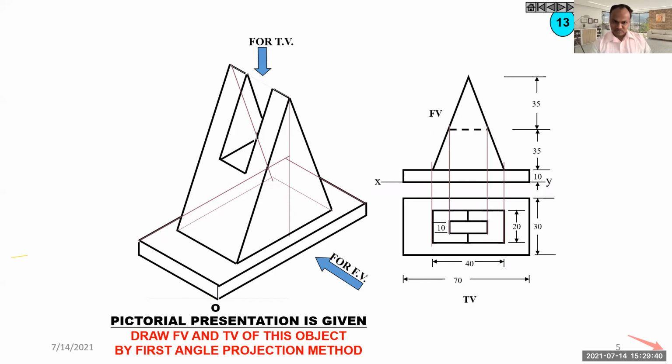In between, the slot cut is again a rectangle, that's why it is rectangular, and these two edges will be seen only as a line. Edges will be seen as a line.